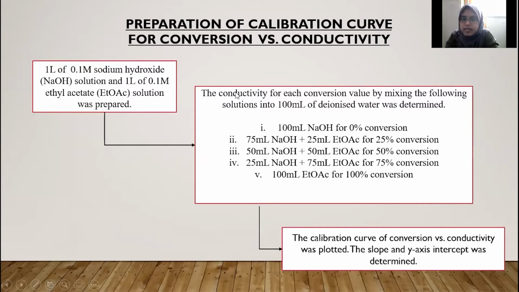Next, we get the conductivity for each conversion value, and we make the calibration curve of conversion versus conductivity. After that, we also get the value of the slope and y-intercept from this calibration curve.